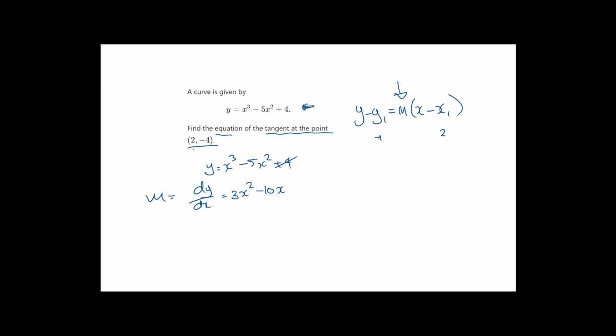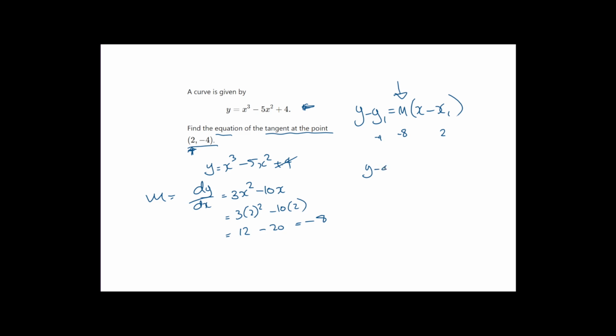Then we have to put x equals 2 in there. So 3 times 2 squared minus 10 times 2. 2 squared is 4. That's going to be 12 minus 20. So that's going to be minus 8. So m therefore is going to be minus 8.